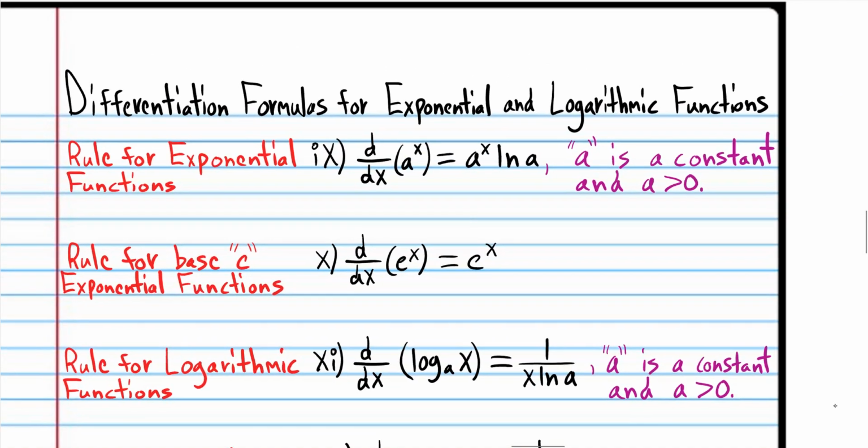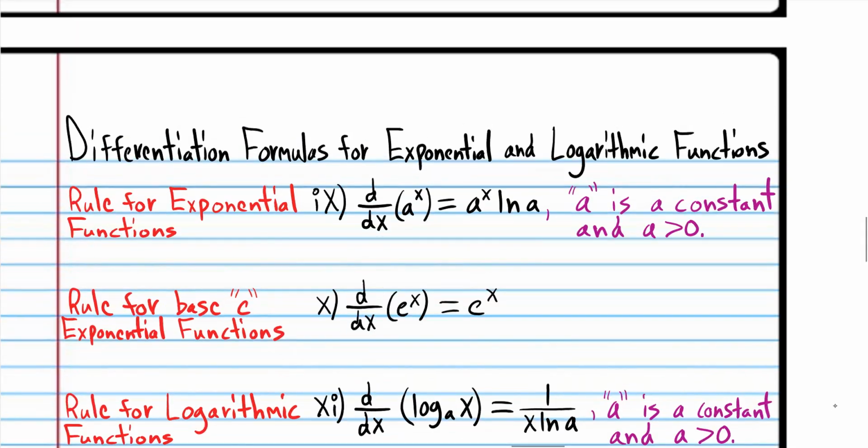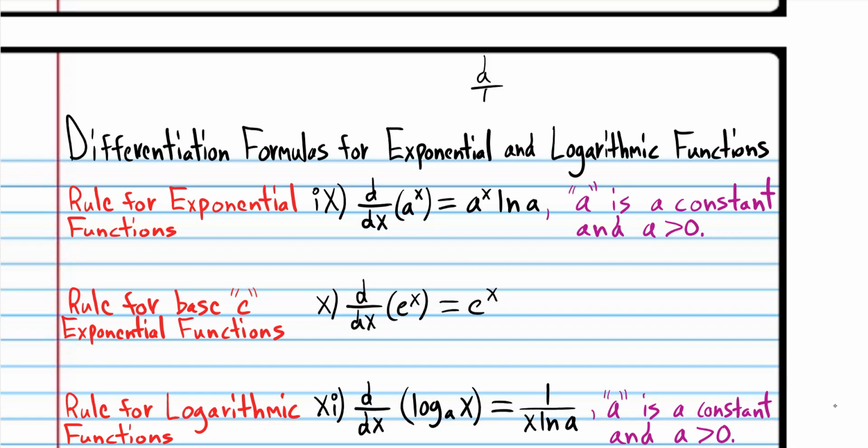So if you want to find the derivative of an exponential expression, a is just some number greater than 0. For example, we could be finding the derivative of 2 to the x power. How do you do that? Well, we don't know. We haven't learned that yet. You could be finding the derivative of 3 to the x power.